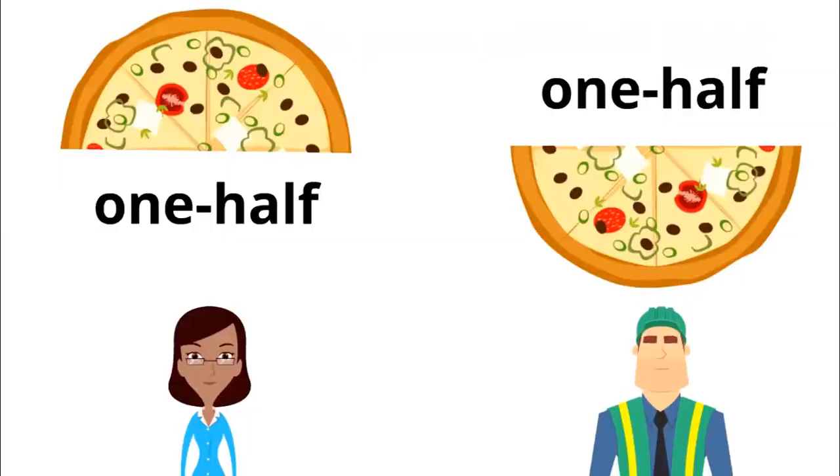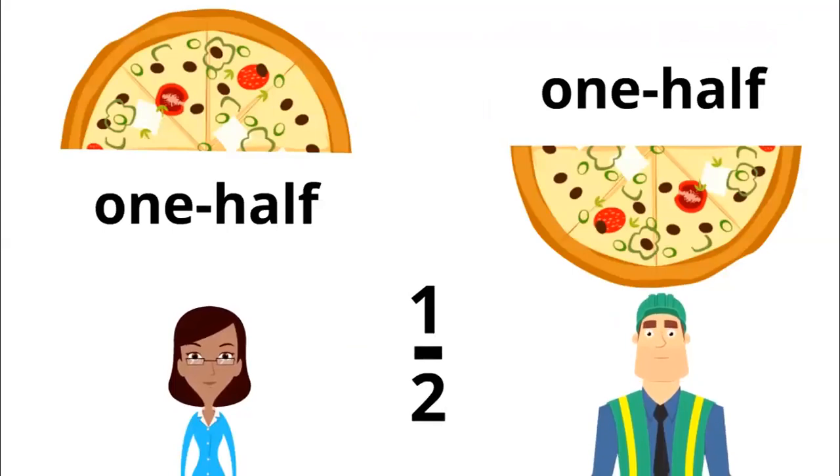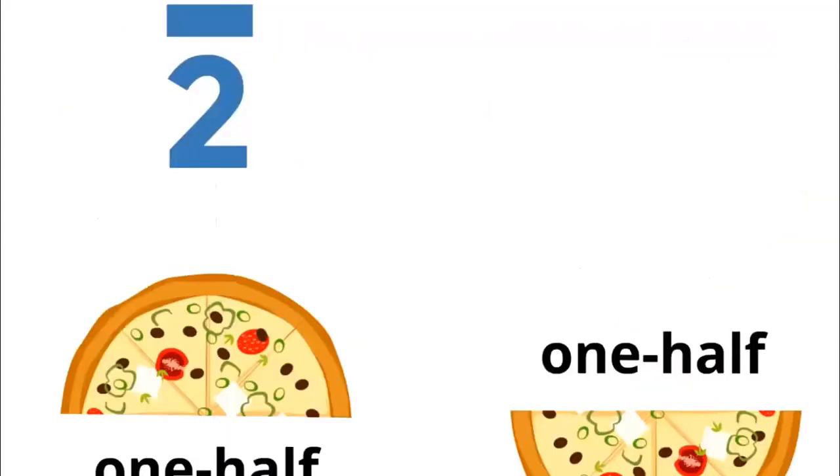So here is what the fraction looks like. A 1, a line, and a 2. That is the fraction 1/2. Each of them, Cindy and Chomsky, get 1/2 of the pizza. So this is 1/2. It's a very important fraction because we use it all the time.